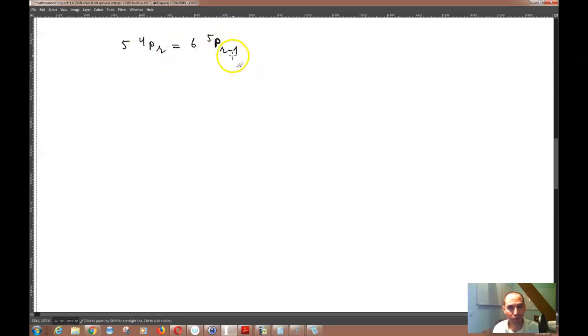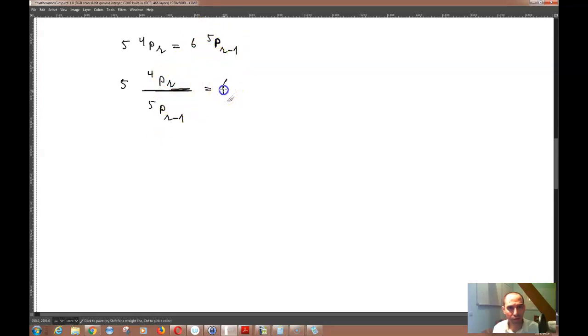I would get 5 times 4 permutation r. This is actually 4 permutation r divided by 5 permutation r minus 1, right? And divide this side by the same thing.